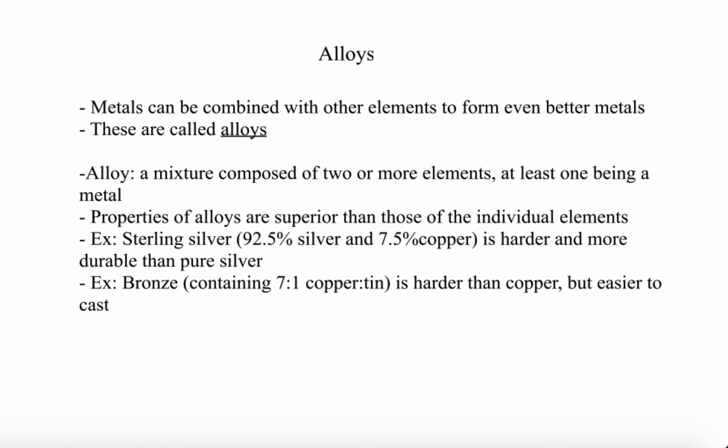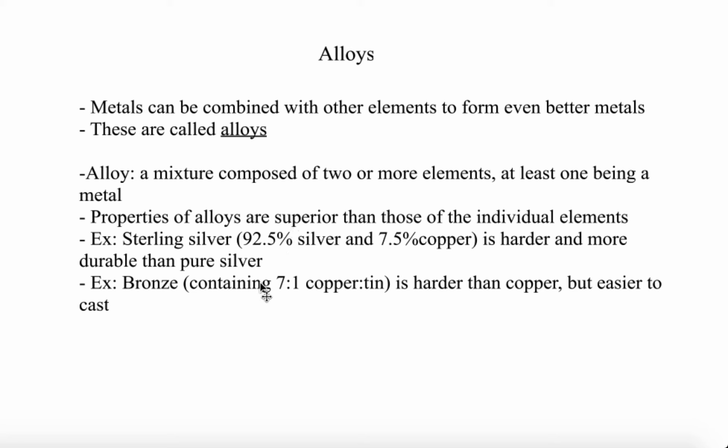The point of an alloy is to better the properties of the original element. Basically, you can make metals better by combining them with other elements. For example, sterling silver. Sterling silver is 92.5% silver and 7.5% copper. So it's not pure silver. The reason we have sterling silver is that by combining it with copper, the silver is harder and a lot more durable than pure silver.